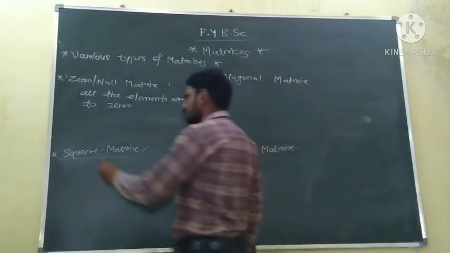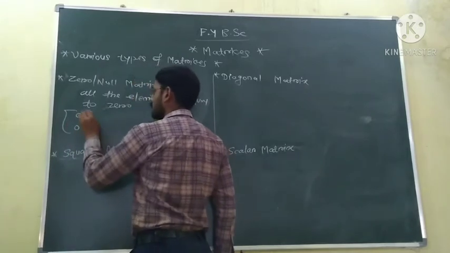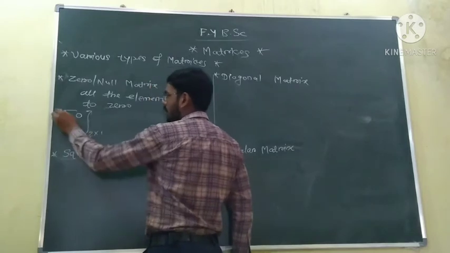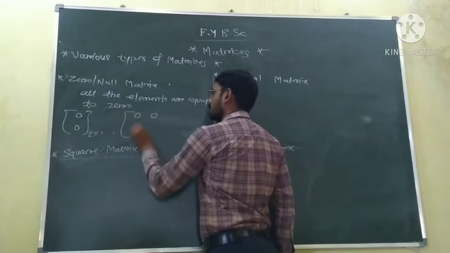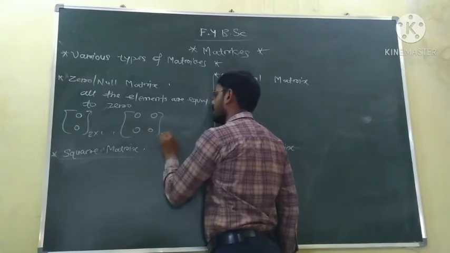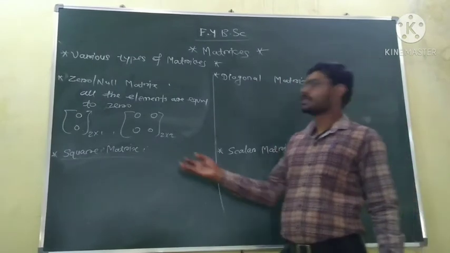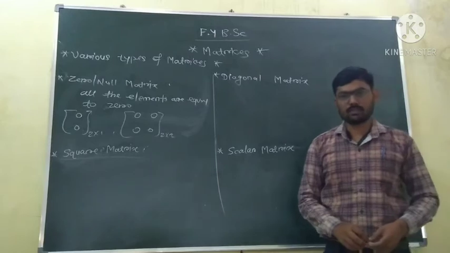For example, the zero matrix of order 2 by 1, because there are 2 rows, 1 column. It is a zero matrix of order 2 by 2. So a zero matrix is a matrix in which all the elements are equal to 0.